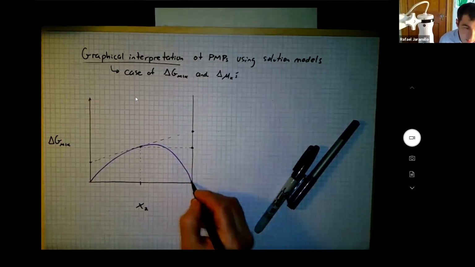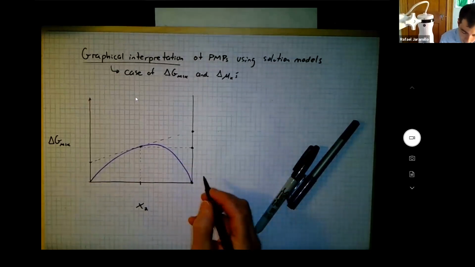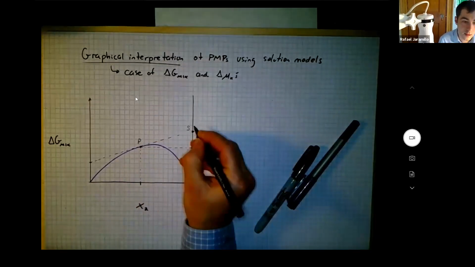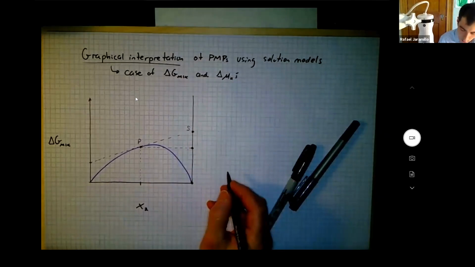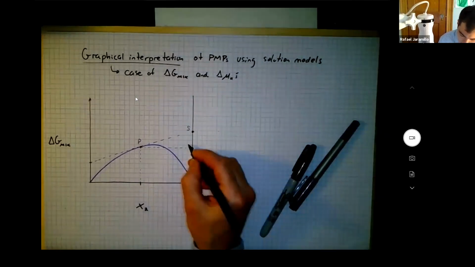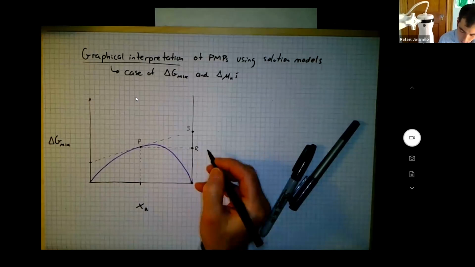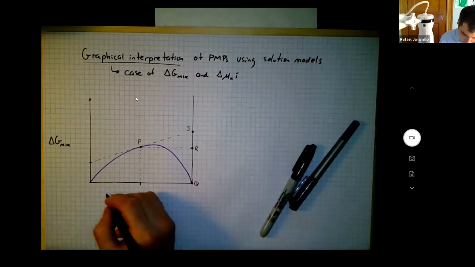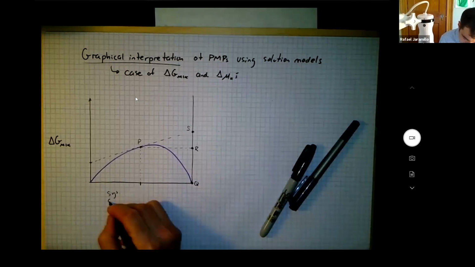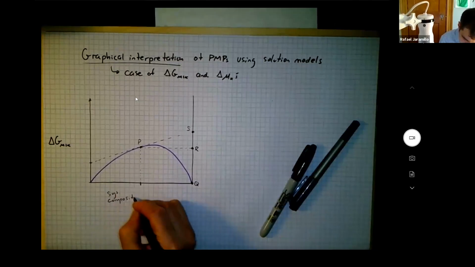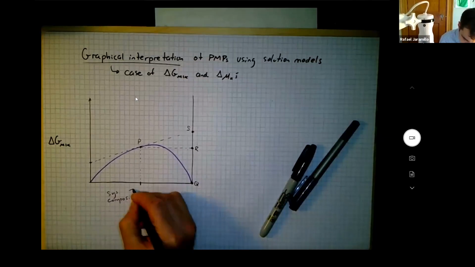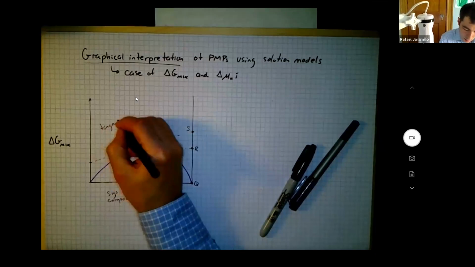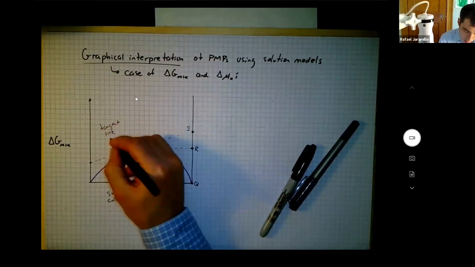I give these labels P, S, R, and Q. So here's my system composition. There's a tangent line.